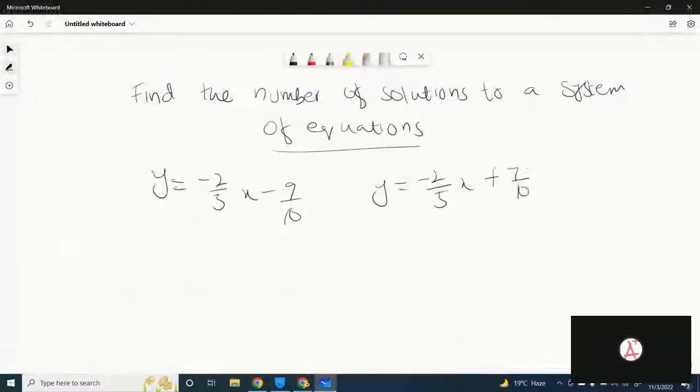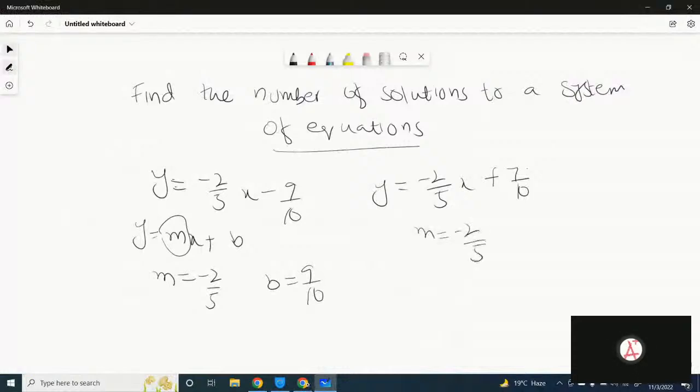If you compare these equations with y equals mx plus b, then m is the slope. So for the first one, m equals negative 2 over 5 and b equals negative 9 over 10. Got it? And for the second equation, m is negative 2 over 5 and b is 7 over 10. Got it?